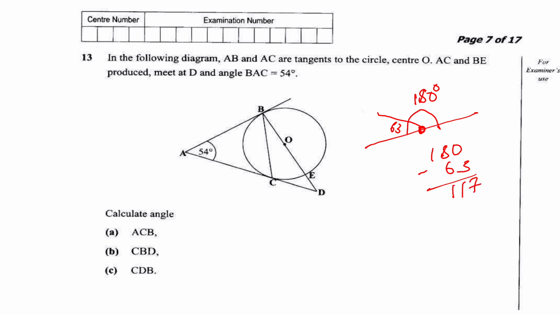So this is what you might get this side, 117, like that. So this is how the properties are utilized when you are given such.